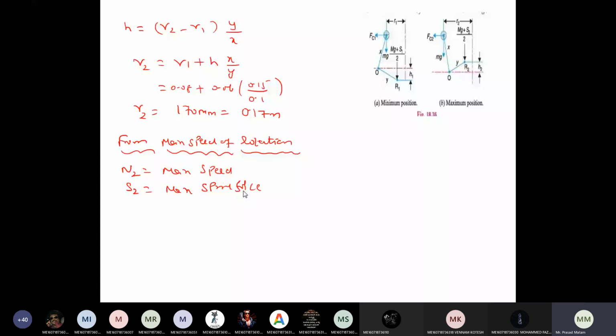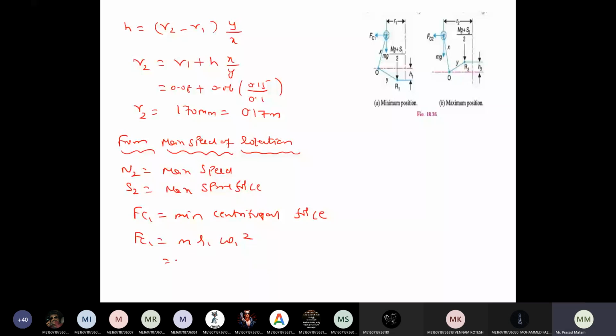Let us try to find out the FC1. FC1 is the minimum centrifugal force. How to find FC1 value? That is given by the equation m into R1 into omega 1 square. Mass of the ball we know 4 kg.